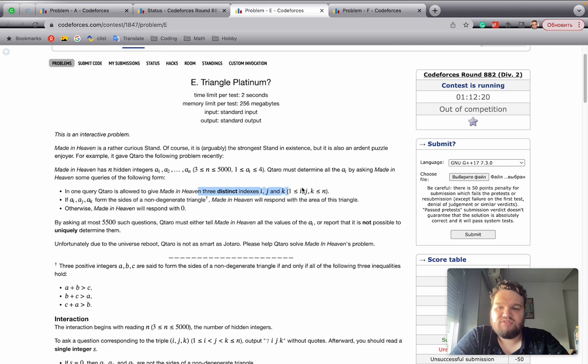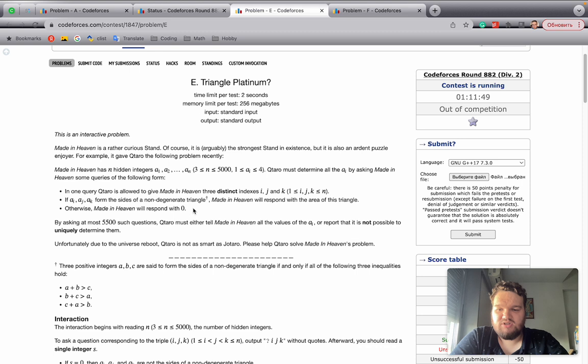Each asks 3 distinct indexes, and if the triangle with those sides exists and has positive area, we will get the area.